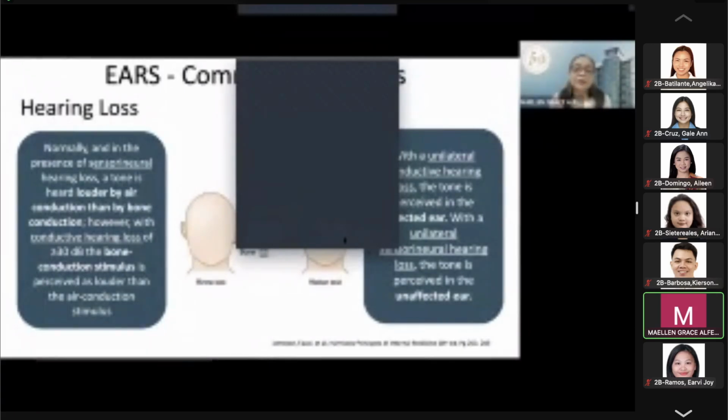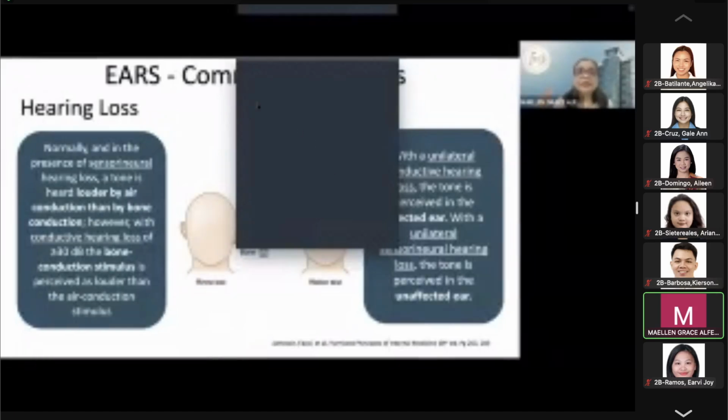So now you can also do a Rinne test. So it will test for the bone versus the air conduction. Normally, you do the Rinne test by testing for bone conduction here.